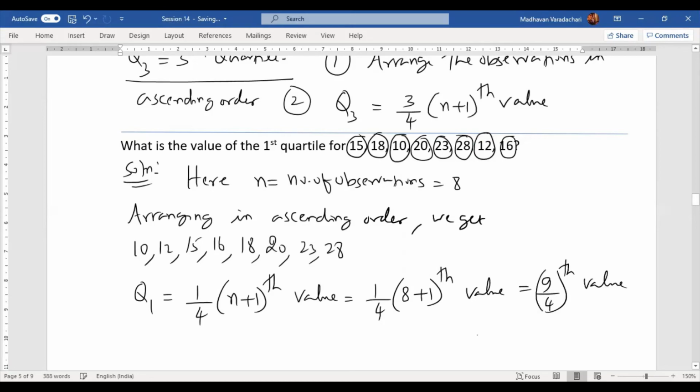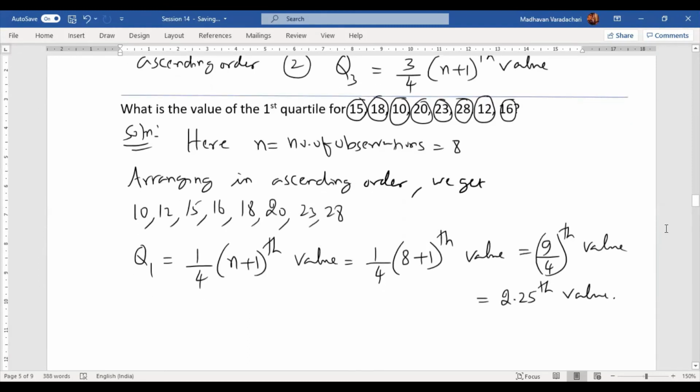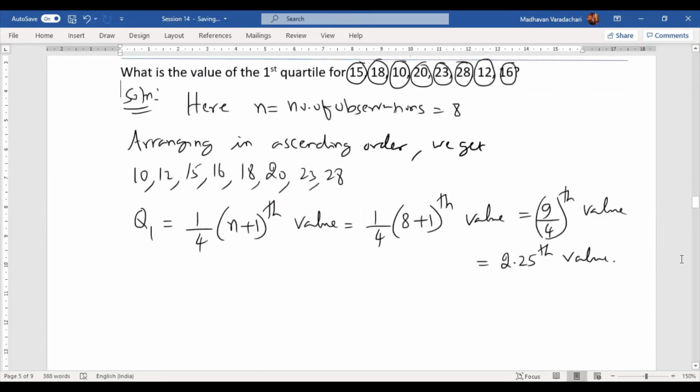What is 9/4? 4 twos are 8. So it is the 2.25th value. Now, previously for median, it used to be 2.5 or 3.5 like that, so we used to take the average. But here we may have to do interpolation. This can be evaluated as the second value, splitting this 2.25 into two parts: one is 2, another is 0.25.